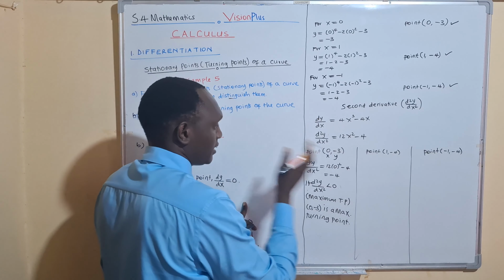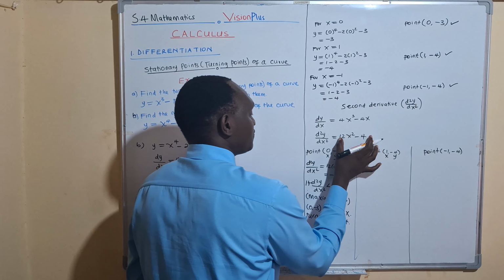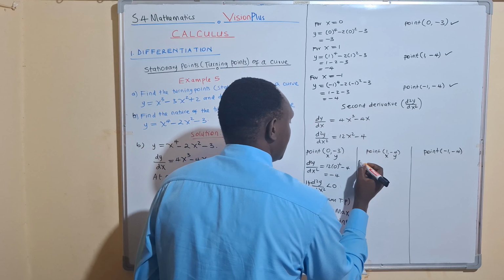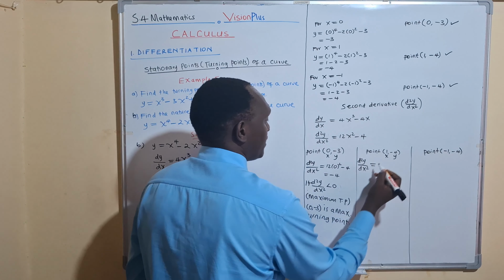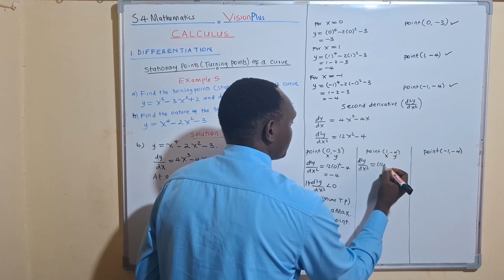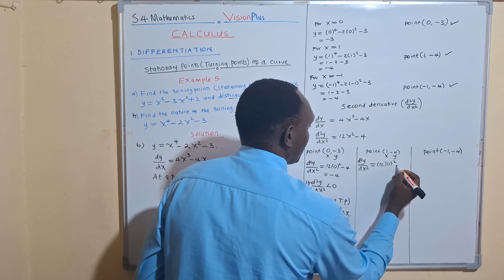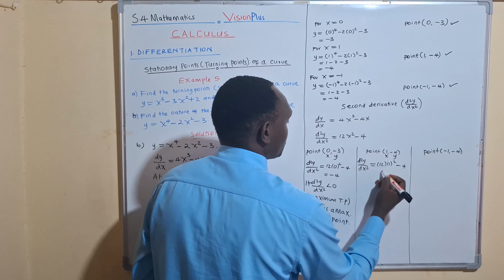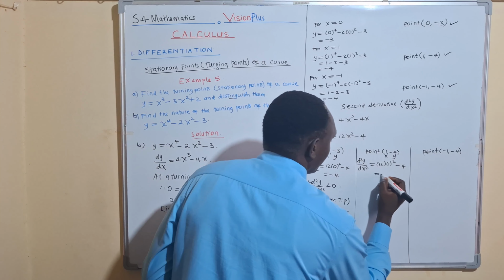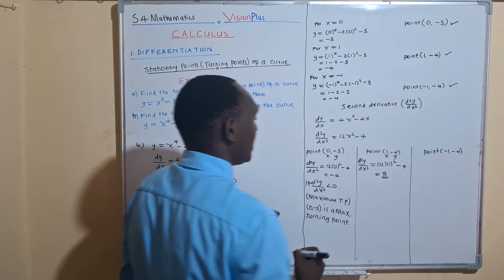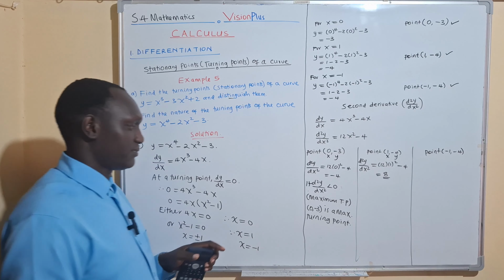Now we come to the second point. This is x, this is y. We substitute for it in the second derivative function. So d squared y over dx squared equals, x is 1. So there we shall have 12 times 1 squared, then minus 4. 1 squared is 1 times 12 is 12. 12 minus 4 is 8. Then we judge: is 8 more than 0? Is it equal to 0 or less than 0? 8 is more than 0.